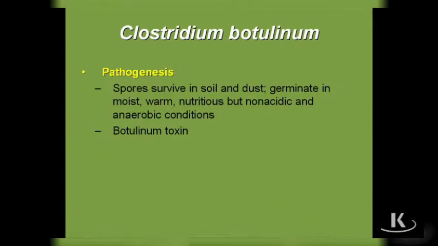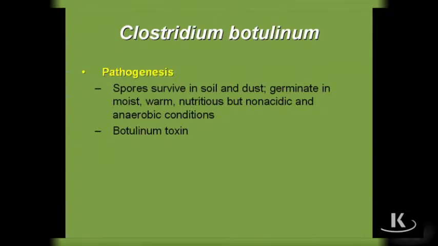Okay, remember, Bacillus and Clostridium have spores, so spores are always going to be an important part of the pathogenesis for Bacillus and Clostridium. So in this case, the spores survive in the soil, in the dust, for a long period of time.